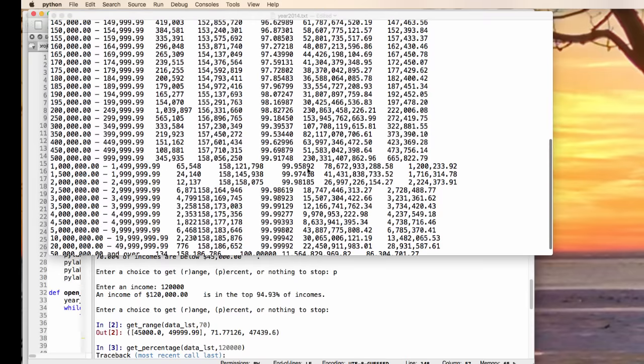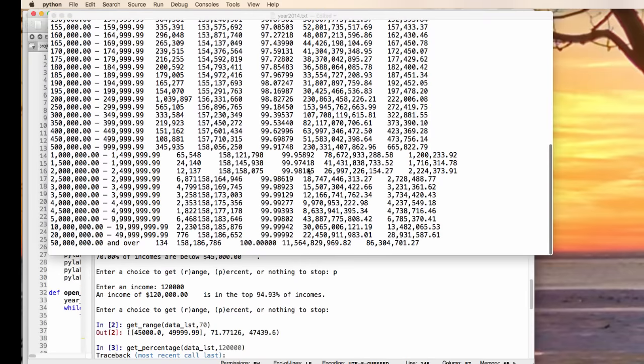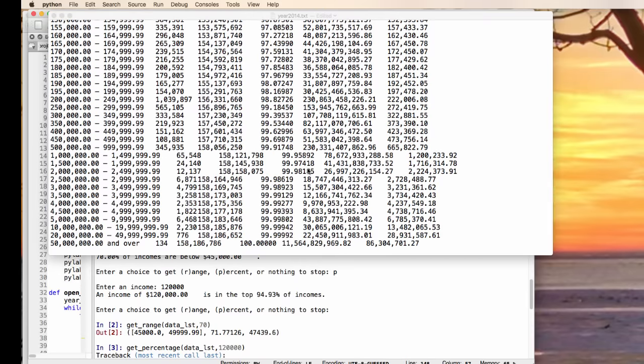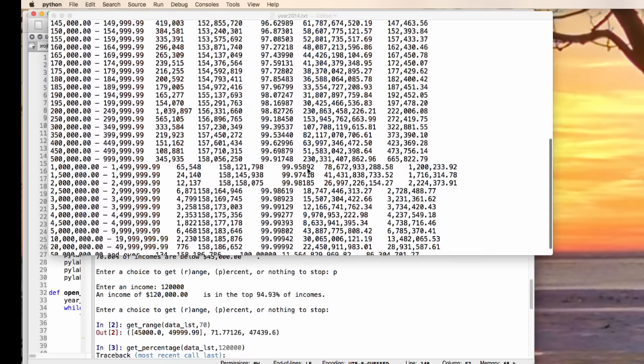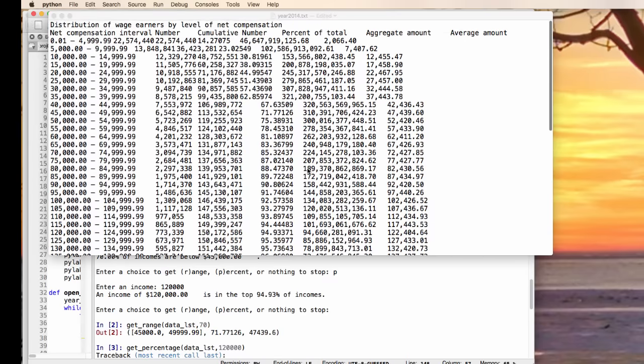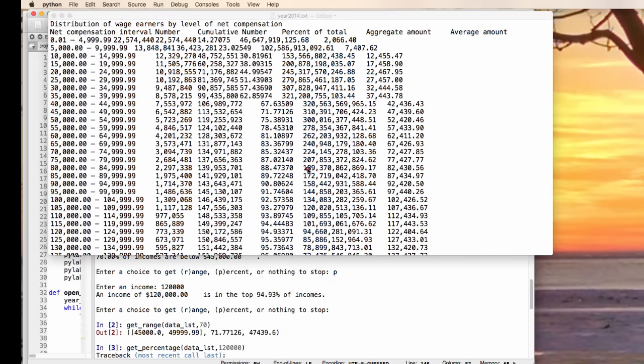Again, the whole point of this project, from a programming standpoint, is to find the appropriate row in this table. So I have a table, and what we're really saying is, I'm looking for percent, that's the percent row.